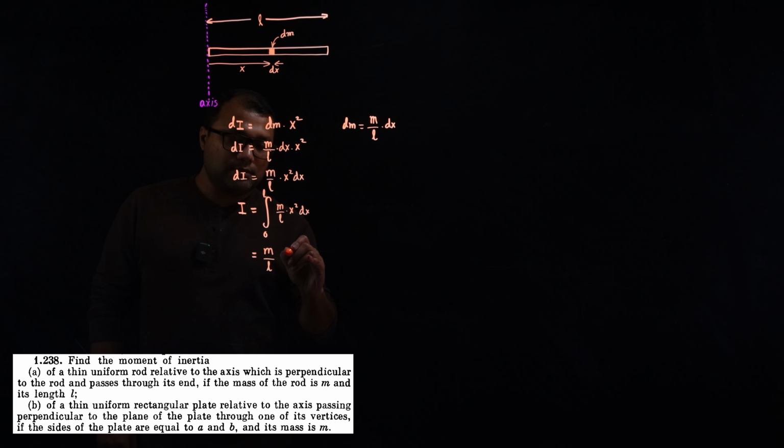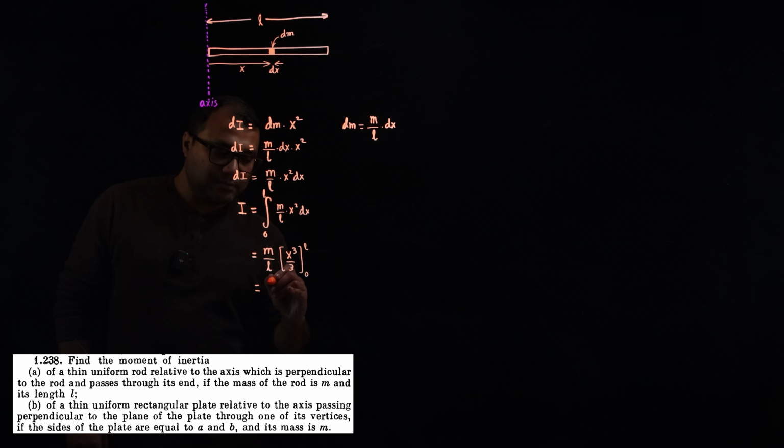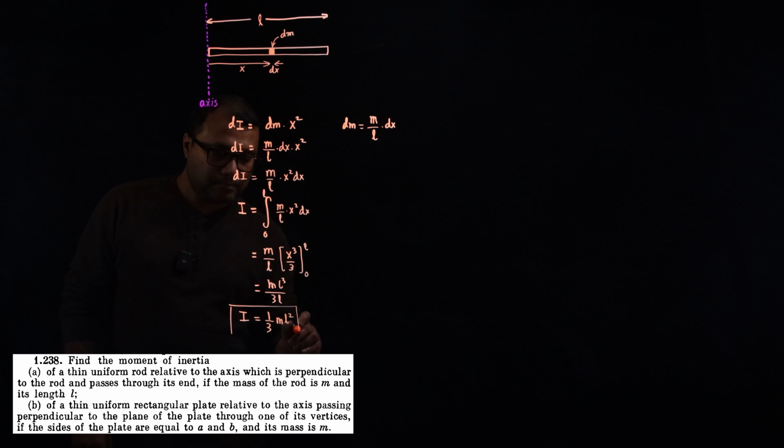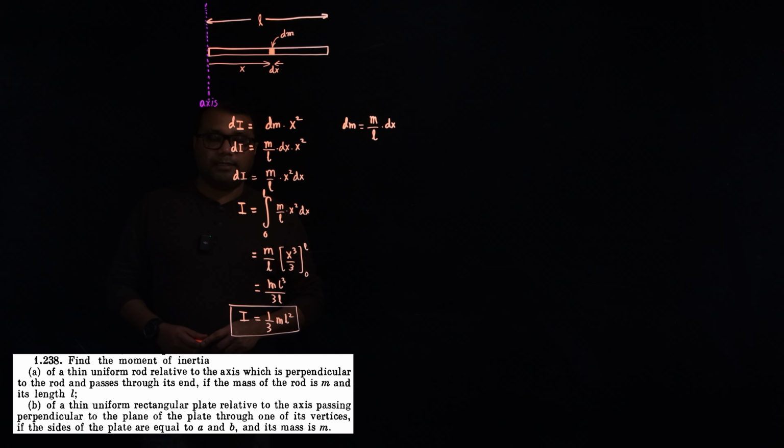X squared dx integration is x cubed by 3, and the limits we put as 0 to L. So this becomes m L cube by 3L. We can cancel one of the L's, so I becomes 1/3 m L square. Okay, so that is our answer for part A.